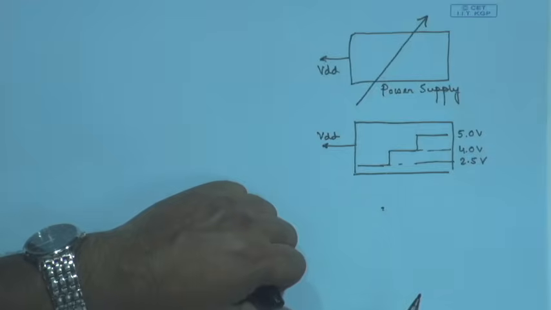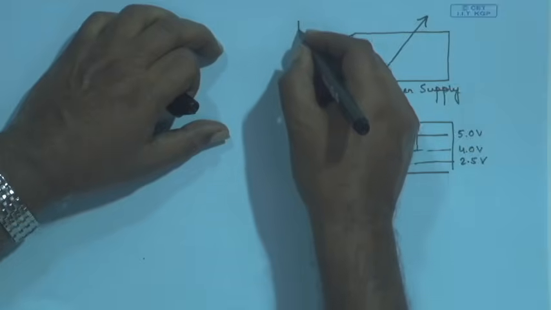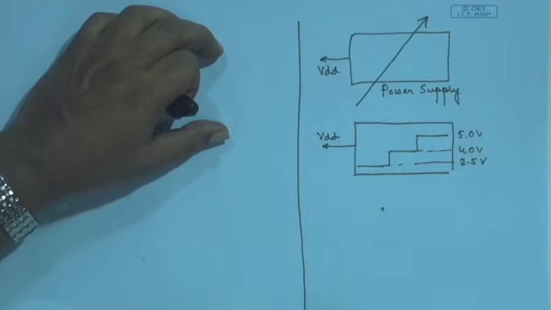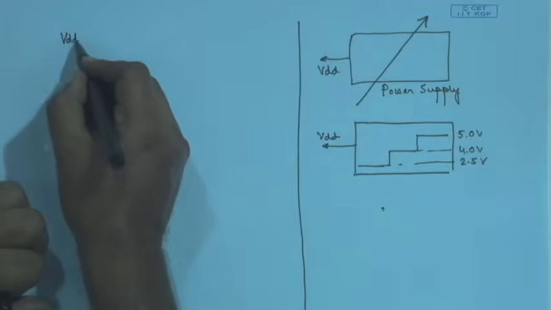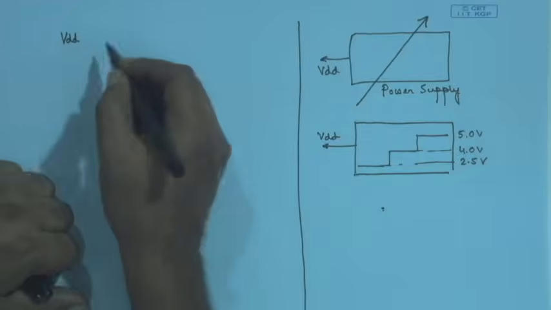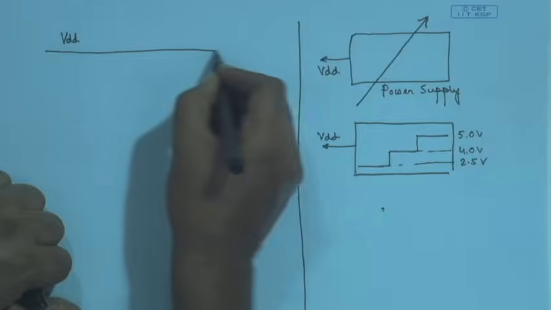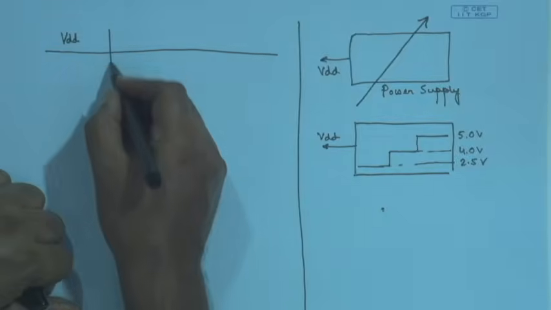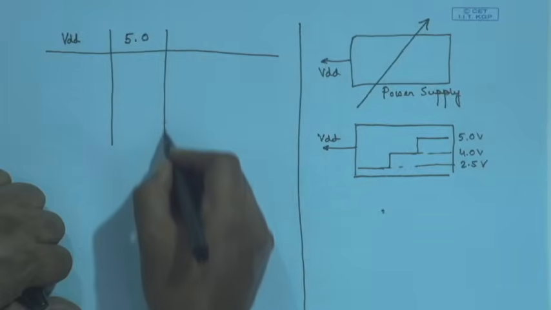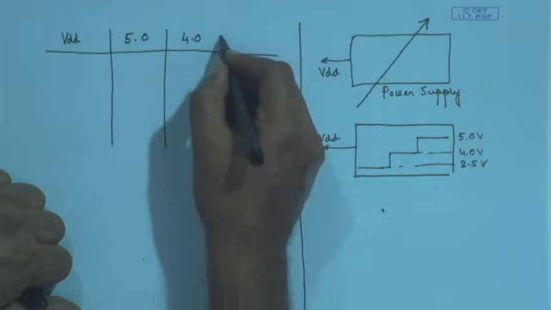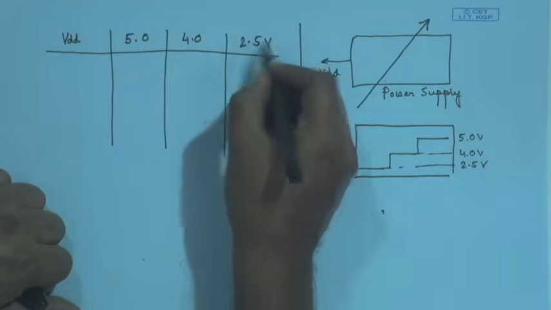If we assume that scenario, then let us assume we are working where VDD has 3 possible values: 5 volt, 4.0 volt and 2.5 volt, all in volts.